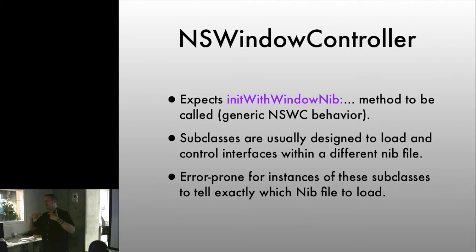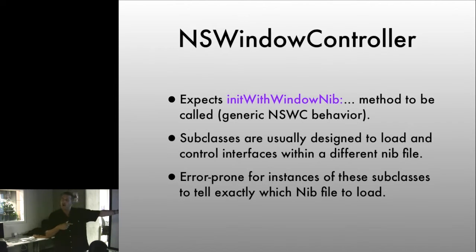So it knows how to load your window and associate it with the window controller. Unfortunately, when you subclass NSWindowController, typically you're doing that for user interface items that aren't necessarily associated with that window controller. So it turns out to be pretty hacky to try and call this initWithWindowNibName, or load your own nib yourself and then go through and set up your user interface elements.